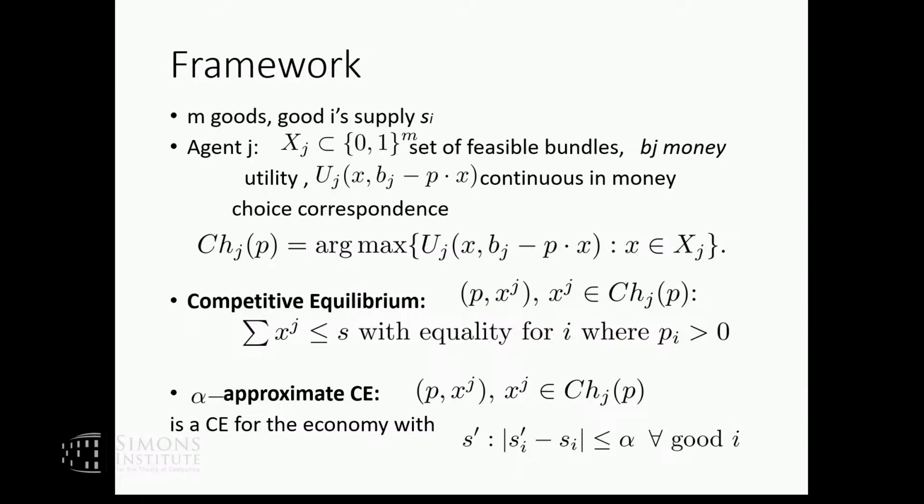I call it an alpha-approximate competitive equilibrium if this price and allocation is an equilibrium where I change the capacity by alpha. So far, so good?